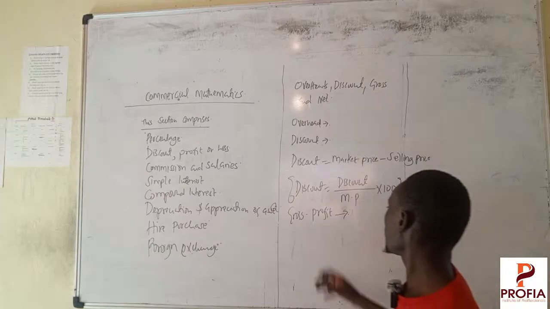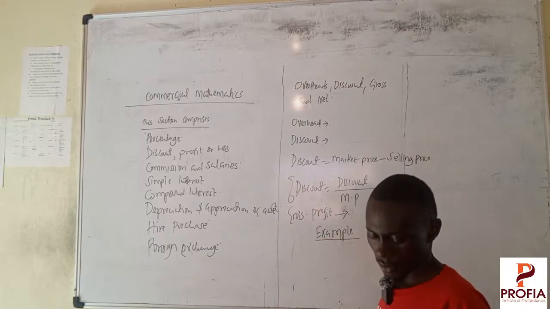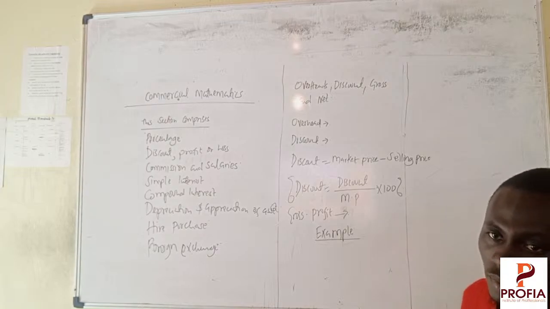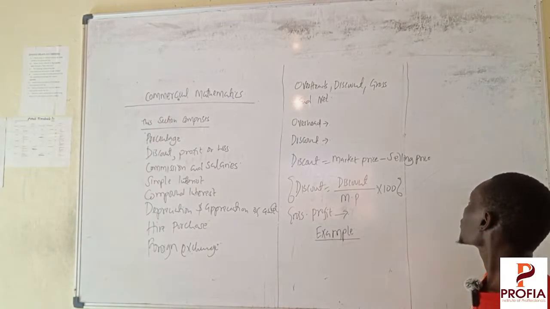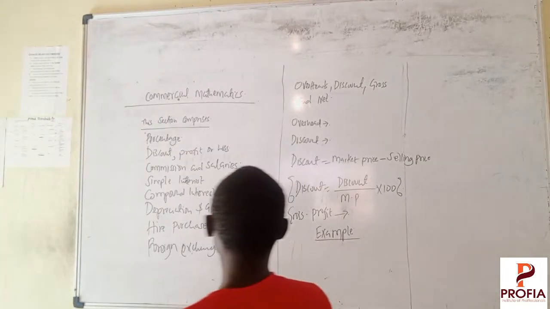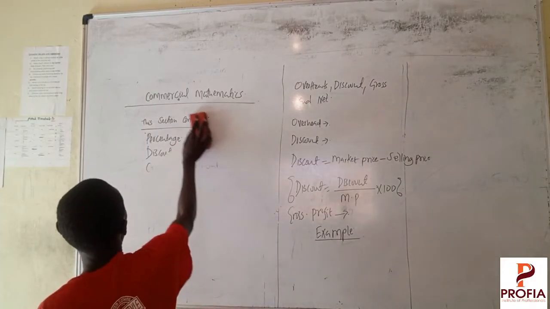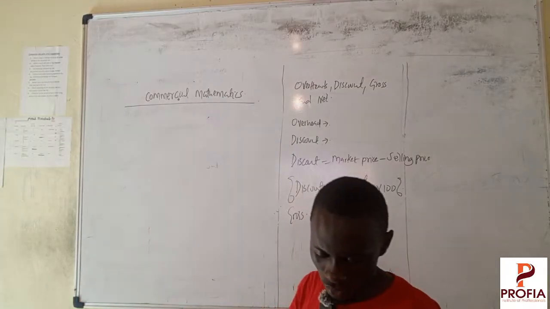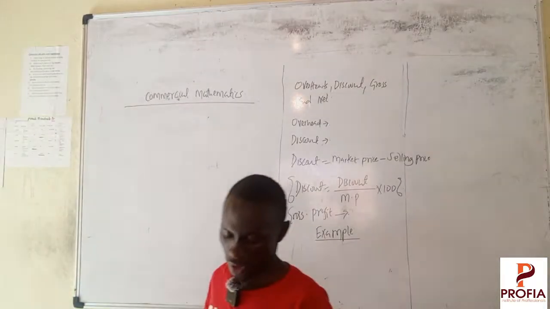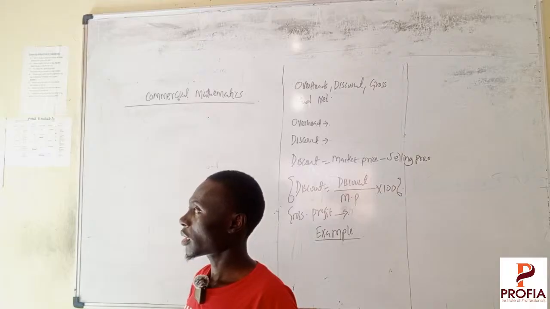Example: the market price of a book is 30 shillings. It is sold at a discount of 15%.